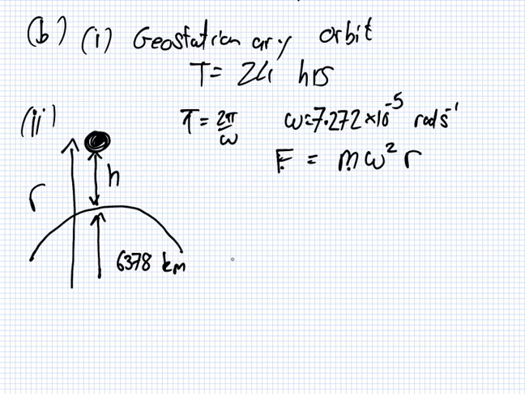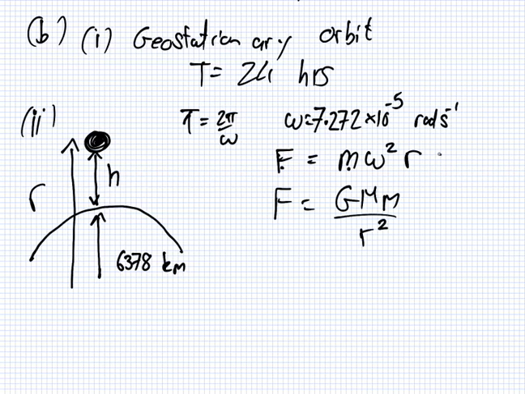Circle. F is... Well, I think I might need to use Newton. You mean the big F one? Yeah, equals G M m over r squared.